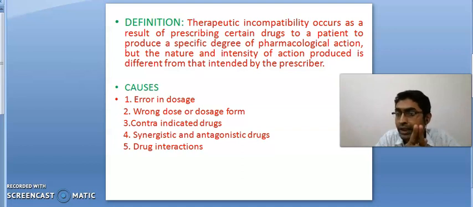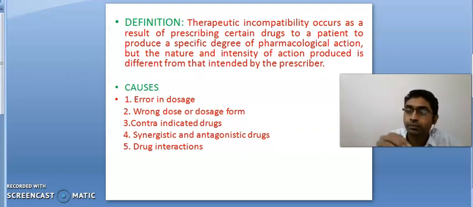So why has the prescriber prescribed this medication? He has prescribed it in order to reduce the fever, to decrease the elevated body temperature. Now what type of action is produced here? Here there is allergic manifestation. There may be vomiting, maybe severe gastric irritation. That is not intended by the prescriber. This is known as therapeutic incompatibility.